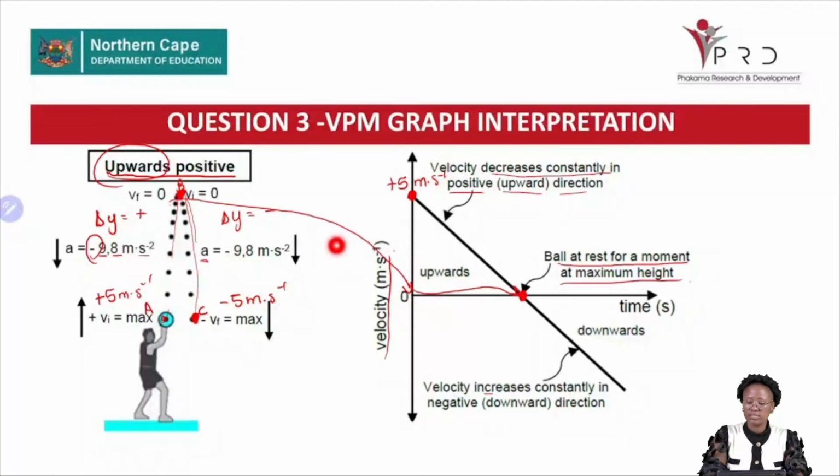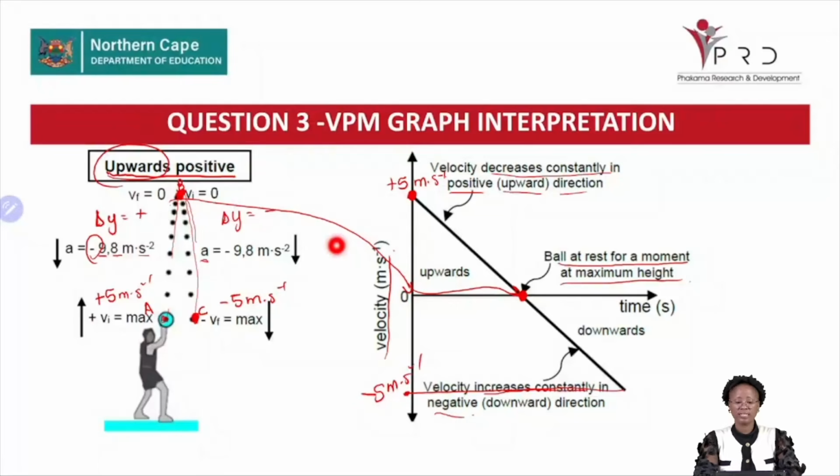This is when the velocity starts to increase at a constant negative downwards direction. That's why over here, I will have -5 meters per second. I hope you understand. It started at 5. It ended at 5. What will be the difference? The difference will be the direction. Very much important to remember that.